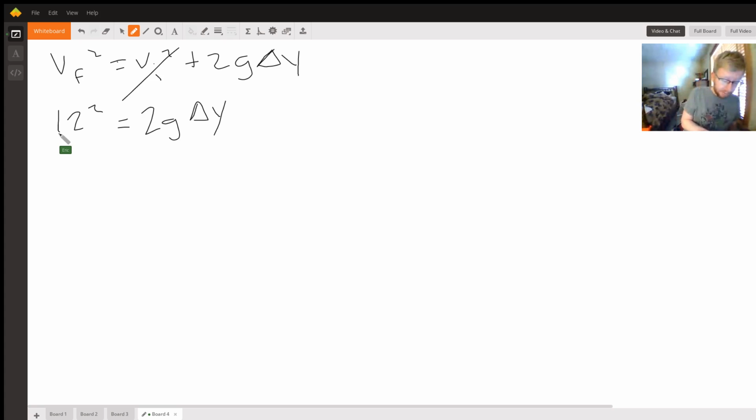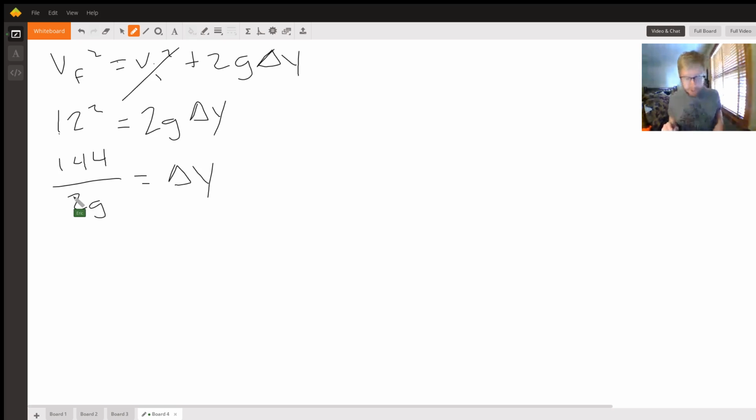So I'm going to put that here, and then I'm going to get that delta y alone. So I get 2g. Again, plugging that into the calculator, 2g is 19.6, and again negative.